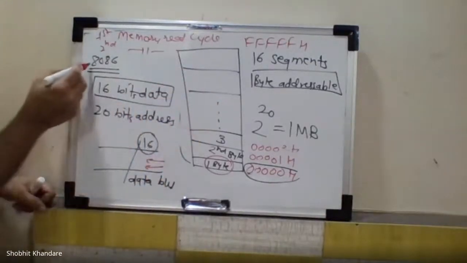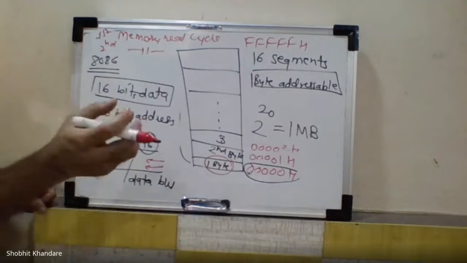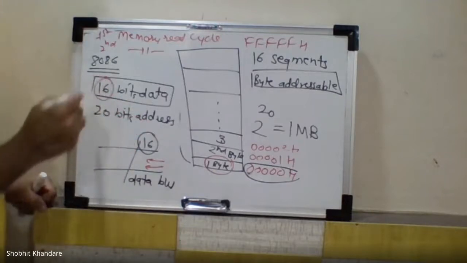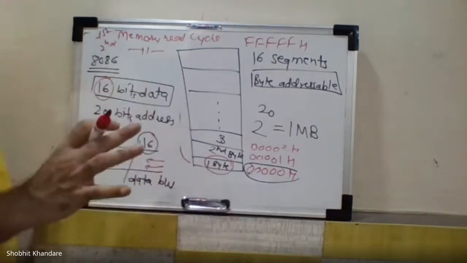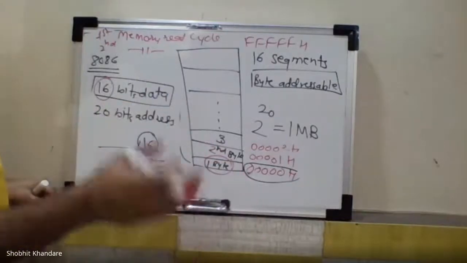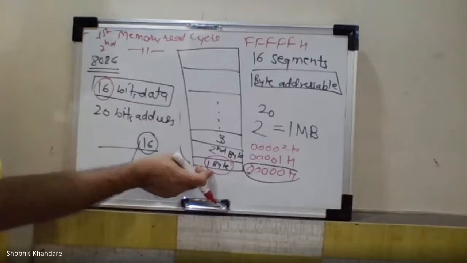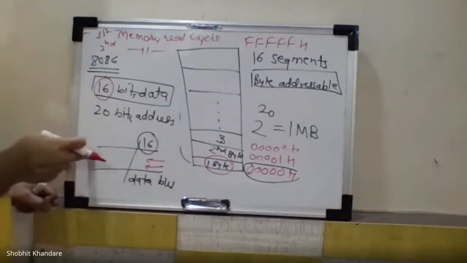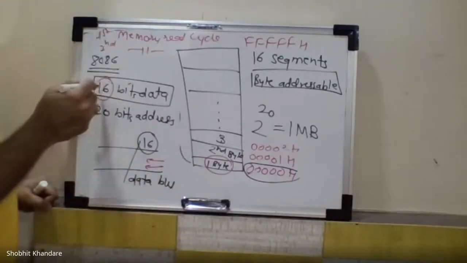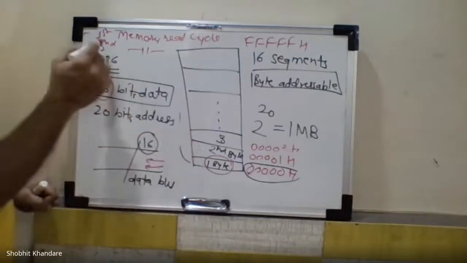Now, even though I am saying your 8086 can access a maximum of 16 bits, that means the minimum is 8 bits. If I only want 8 bits of data, then it is okay: in one memory cycle, I take 1 byte of data into the data bus. But if I want the maximum 16 bits, I use 2 memory cycles.